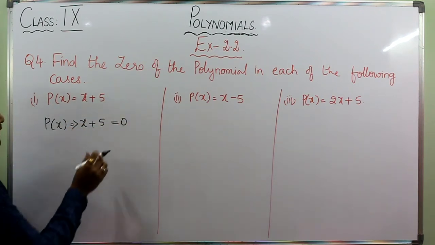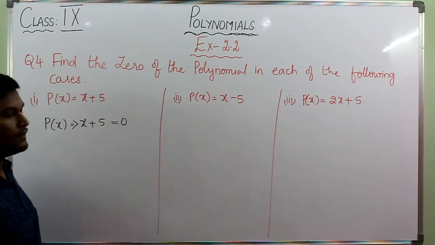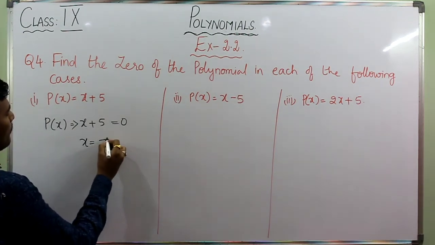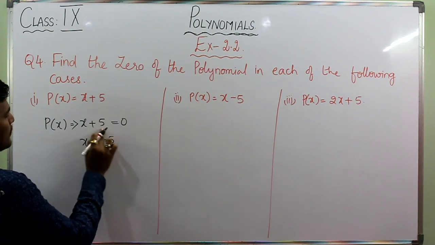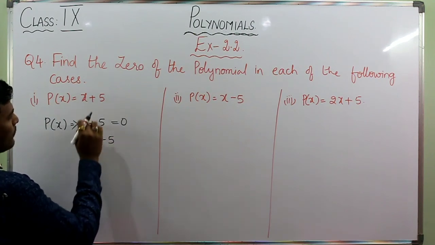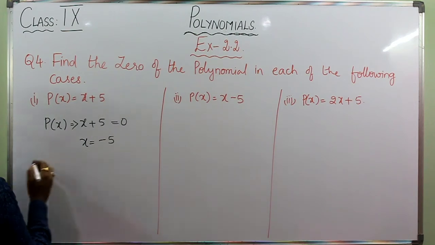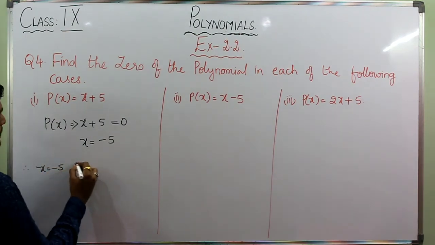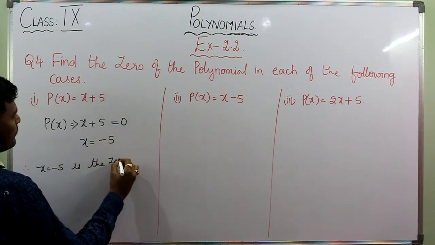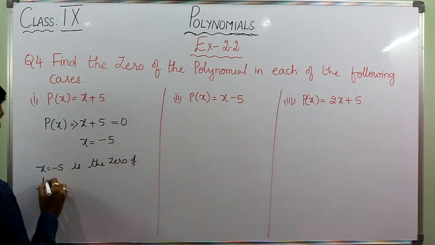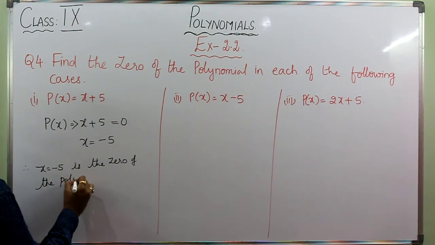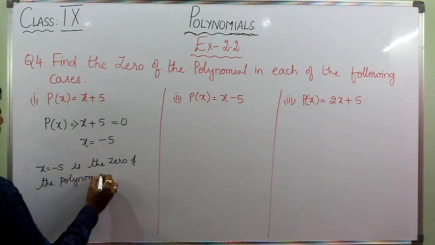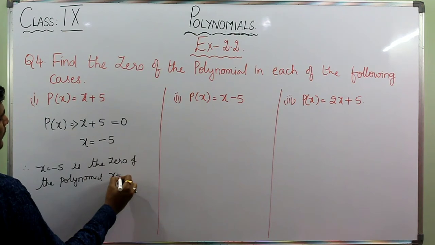Whenever you equate it to 0, we will get x is equals to minus 5, because I am shifting the value of plus 5 to the right hand side. It will become minus 5. So therefore x is equals to minus 5 is the 0 of the polynomial x plus 5.